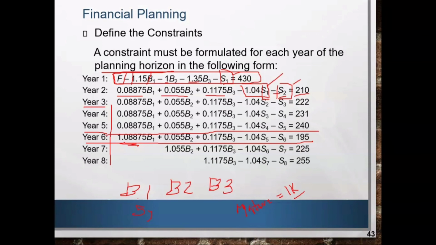So plus 1K, and it becomes 1.08875. The same explanation applies for year 7 and year 8.